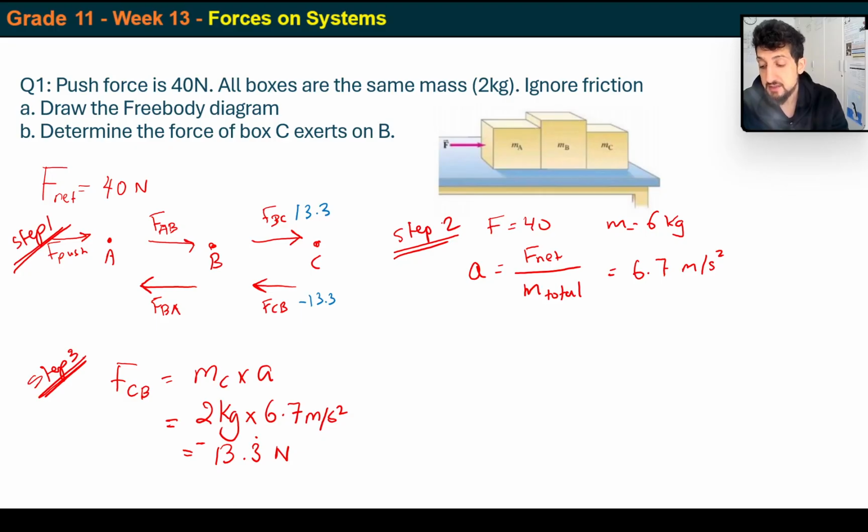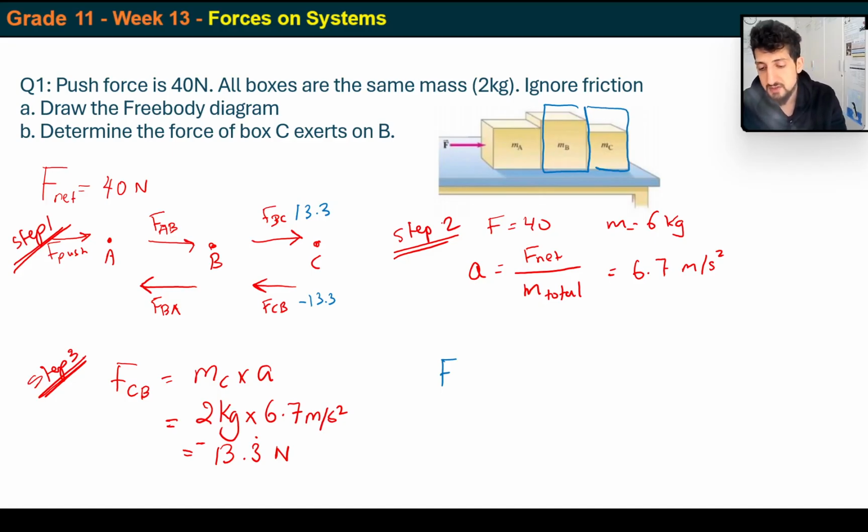So here's the deal. If I'm trying to work out the force B is applying on A, like let's say for example this one here, then what am I going to do? This time I'm going to try and use both B and C to calculate the force.